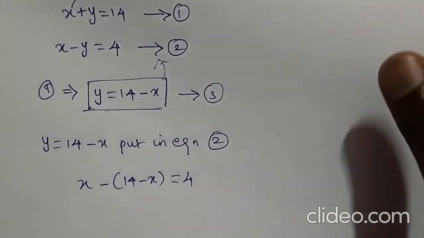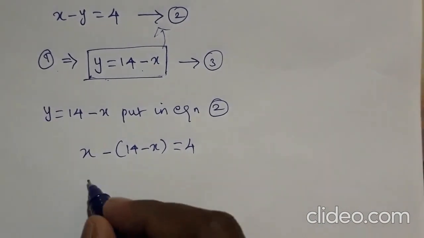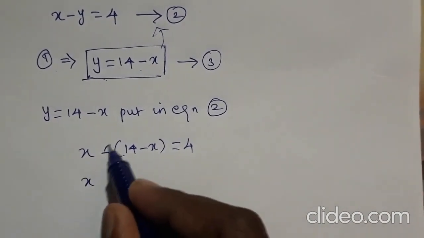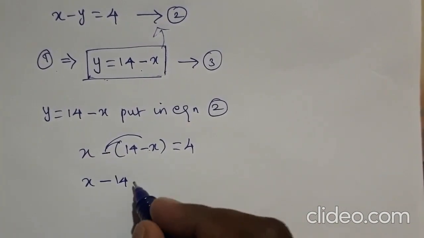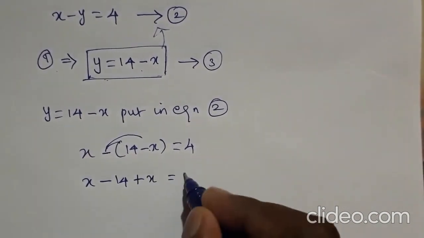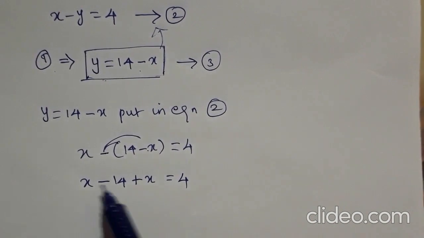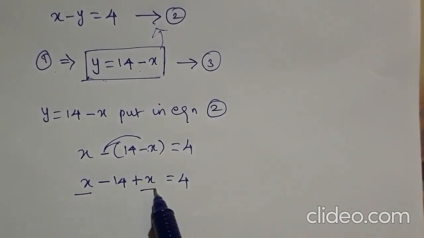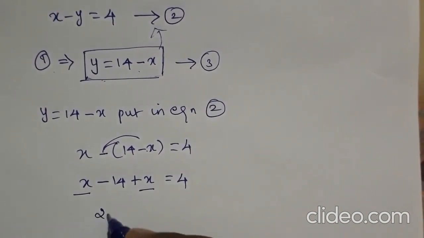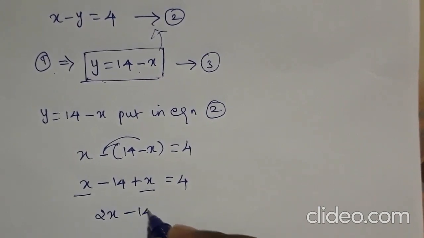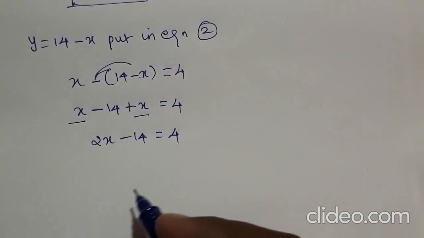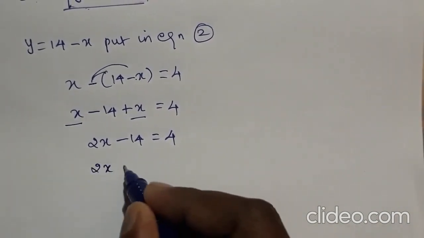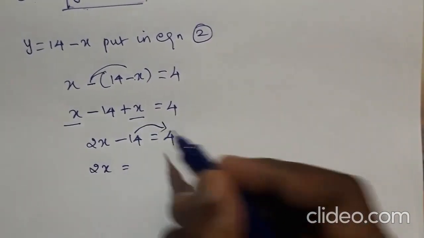Next, multiply minus with 14 minus x: minus into minus is plus x, so x plus x. You will get 2x minus 14 is equal to 4. The next step is 2x, this minus 14 take to the right hand side.